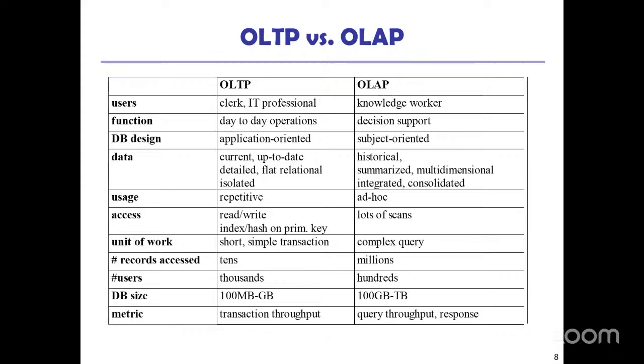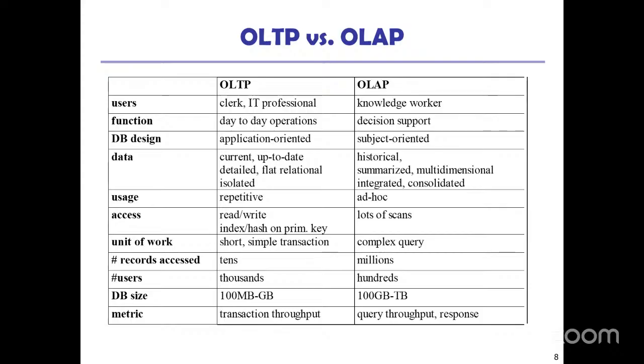Usage of OLTP is repetitive, whereas OLAP is ad hoc. Access with OLTP is read or write, index or hash on primary key. With OLAP, lots of scans are needed whenever we perform the analysis process. Unit of work: short, simple transaction versus complex query.